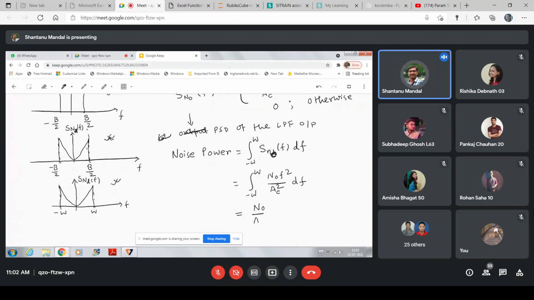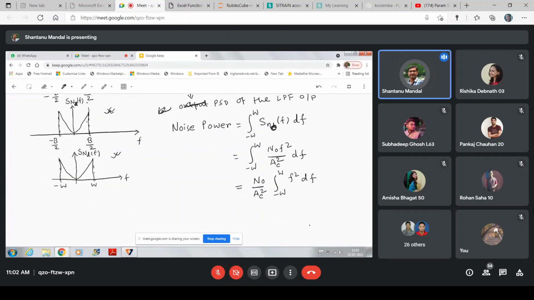N0 by AC square is constant, so only the integral of f square df remains.